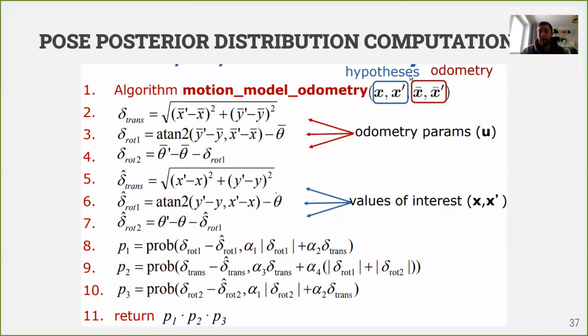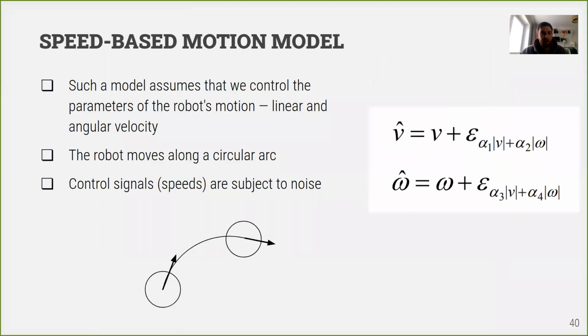In the second type of models, which are called speed-based motion models, we don't have encoders anymore. Such a model assumes that we control the parameters of the robot motion, linear and angular velocity. We don't have sensors to estimate anything about our motion, but we know how fast our robot is moving because we are controlling linear and angular velocities.